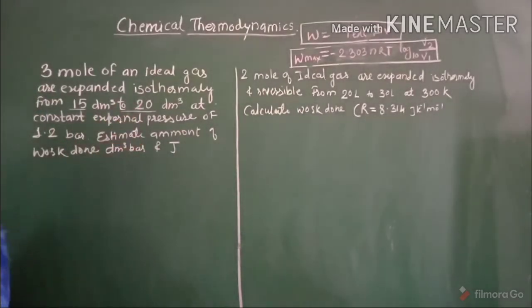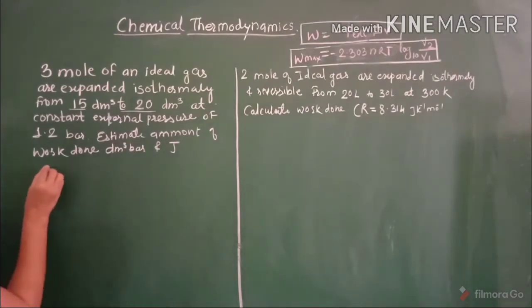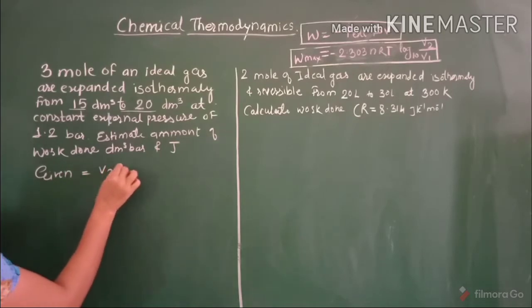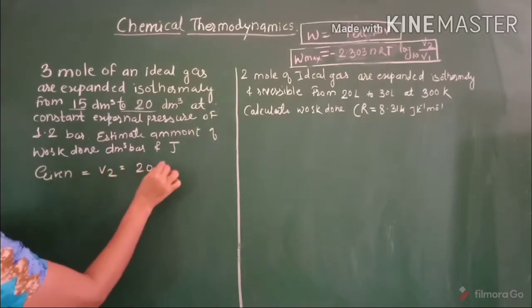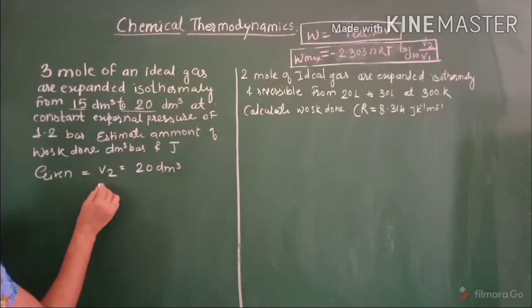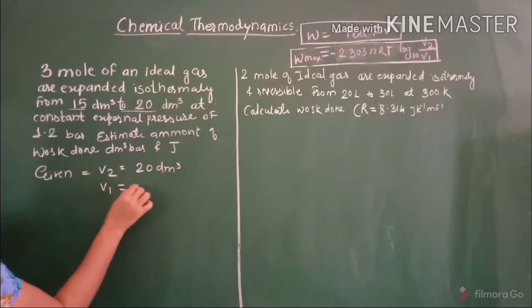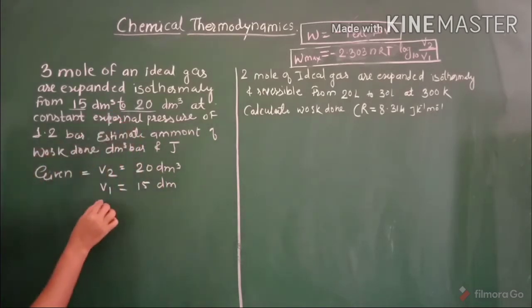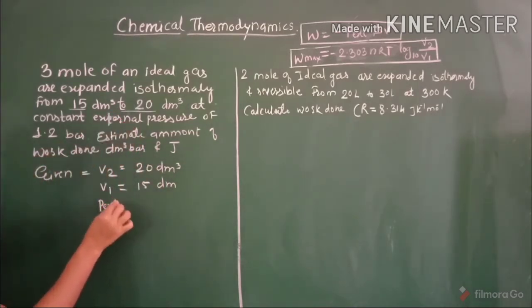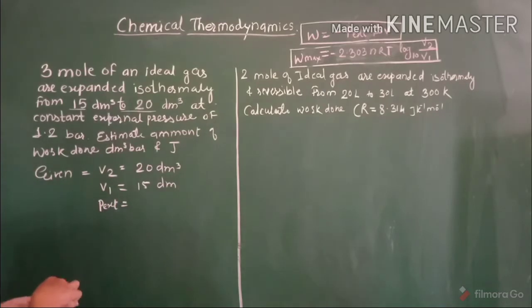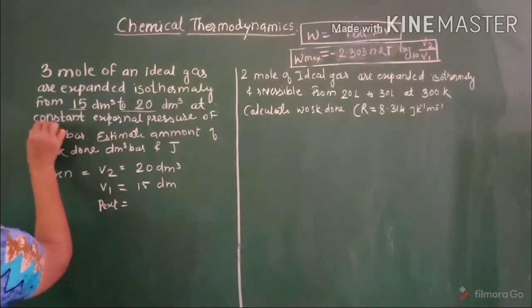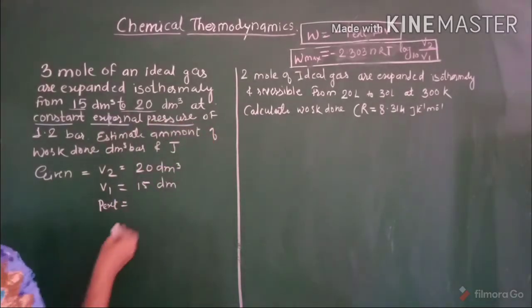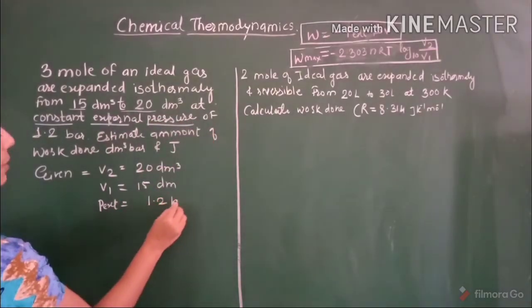What is given here? V2 is 20 dm cube, and V1 is 15 dm cube. And P external is given, the constant external pressure, 1.2 bar.